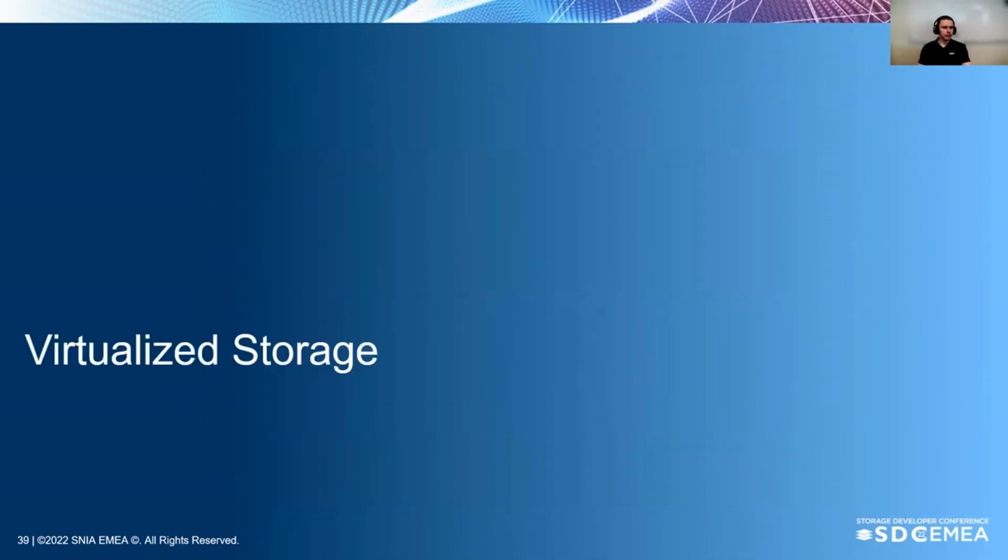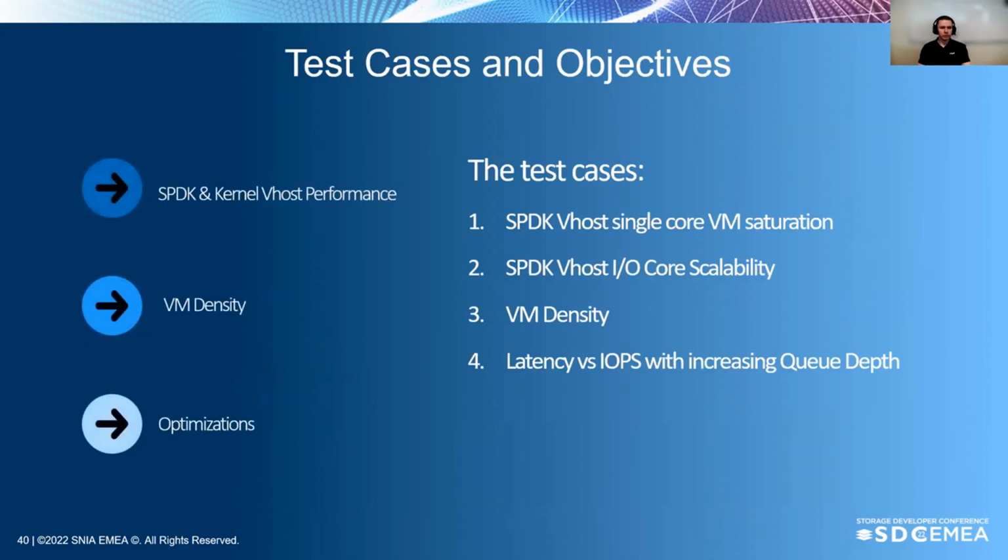Okay, time for the third storage type that we test, which is virtualized storage. Here we utilize SPDK Vhost to provide local storage as a process to expose block devices to other processes like virtual machines. The benchmarking process and the test cases here are similar to what has already been described in the previous sections.